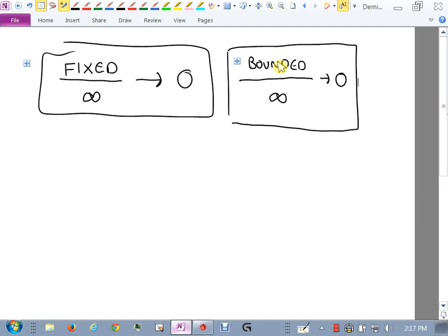We will have to recognize problems like limit as x goes to infinity of cosine x over x. That would be 0 because we have a bounded function on top, divided by infinity on the bottom. So that's 0.